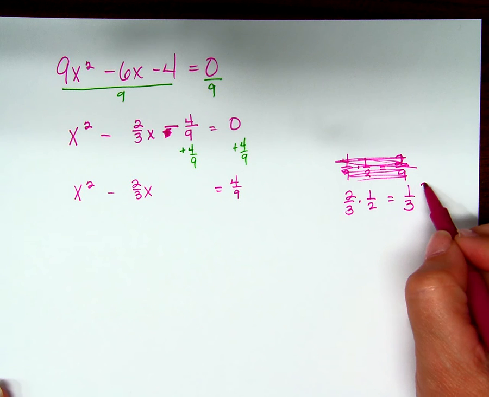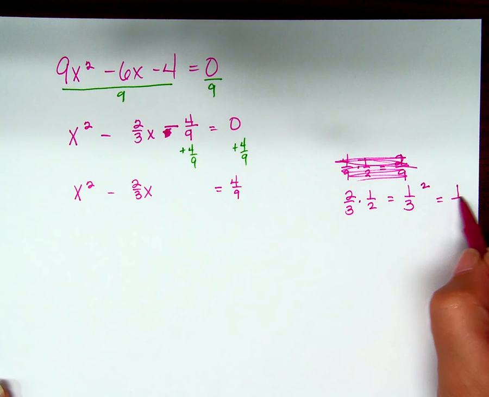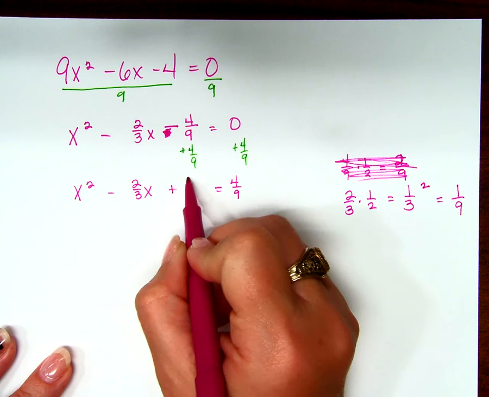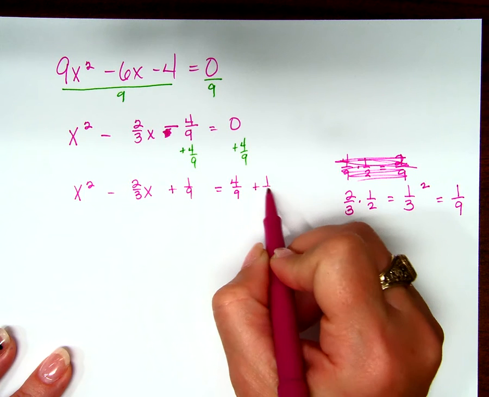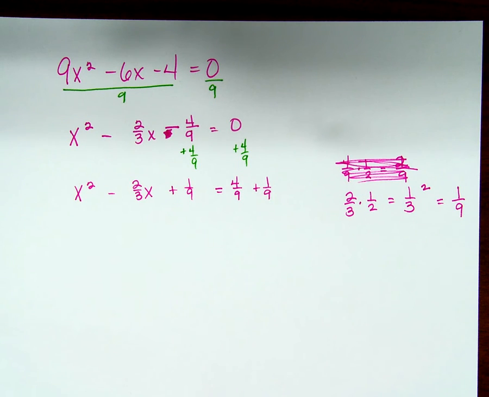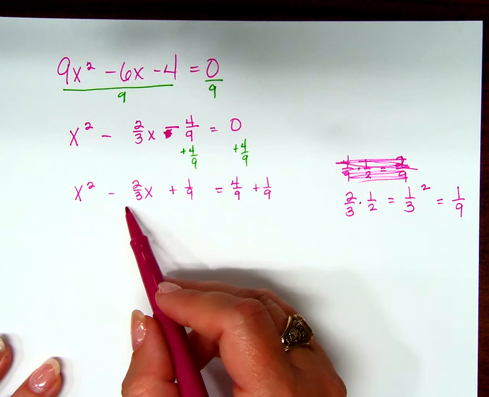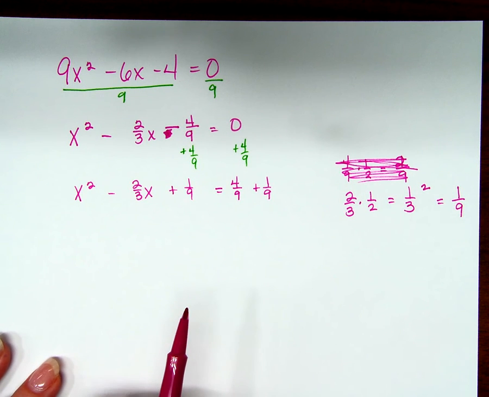Is that better? And then squared is what? 1/9. Thank you. Plus 1/9, plus 1/9. I think I just got excited that I was going to simplify the 4 and the 2 and forgot to look at the right term. Don't do that.